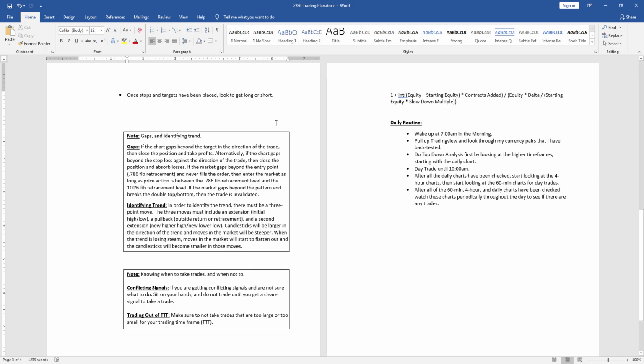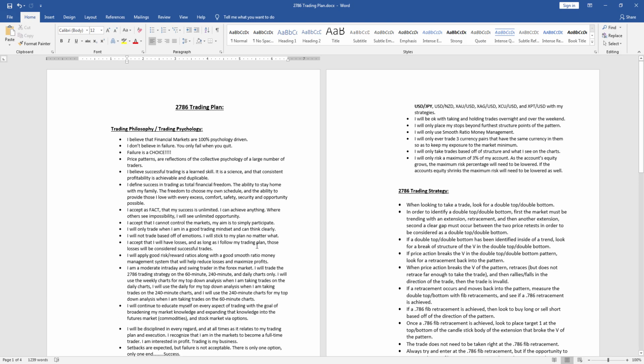So, how you can fix that is you can have minimums that say, I will only take trades that have a minimum of making me $20, or 20 pips. And I will not take trades that are going to risk more than 3%.